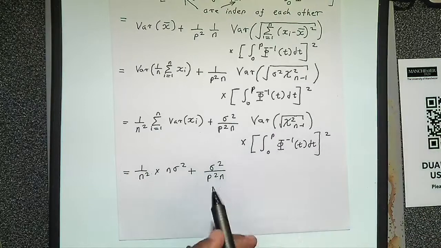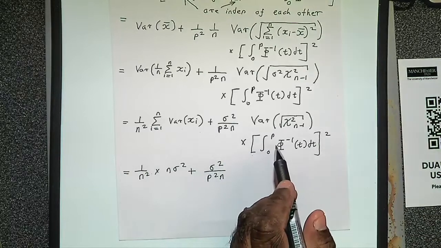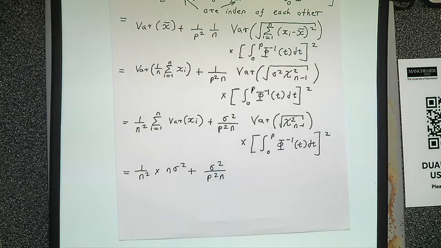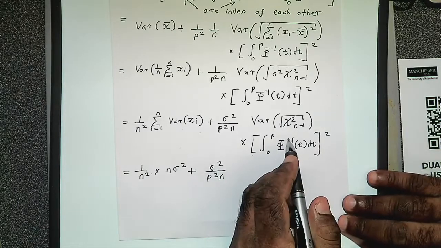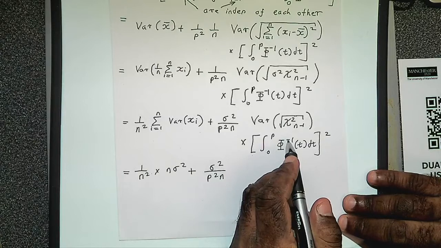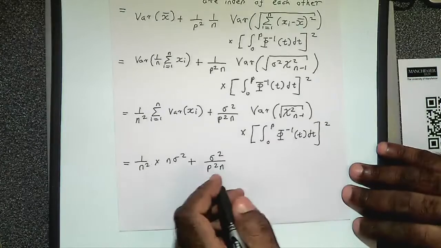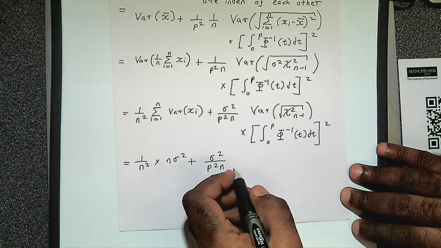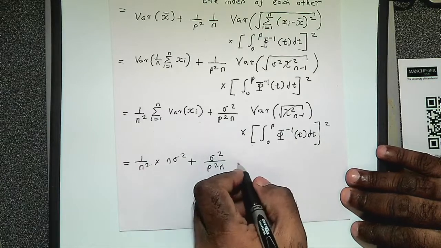Now again, I don't expect you to know this, but it can be shown that the variance of a square root of a chi squared variable is the following.